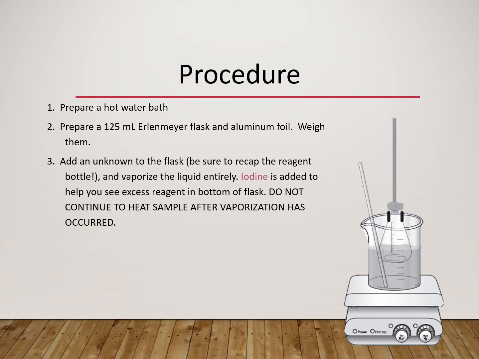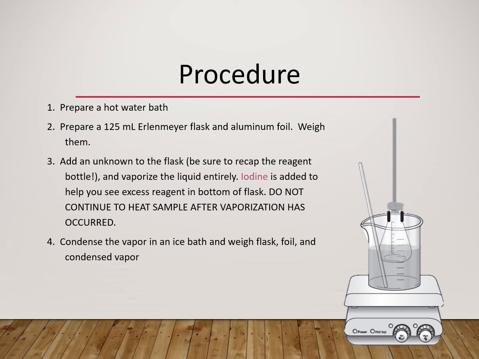And so when we put it in the hot water bath, it's going to just completely vaporize the liquid, and we're going to add some iodine in the solution just so we can see when everything has evaporated. And we're going to be really careful to pay attention to when it has evaporated because we don't want to overheat the sample.